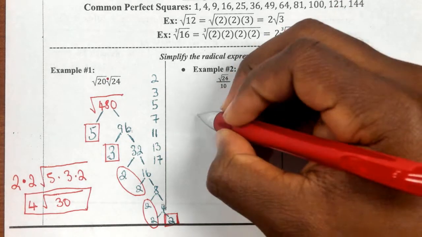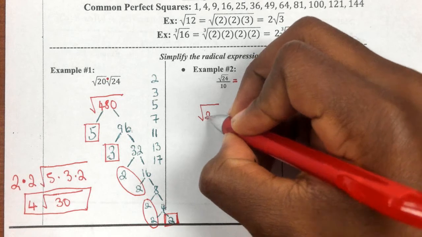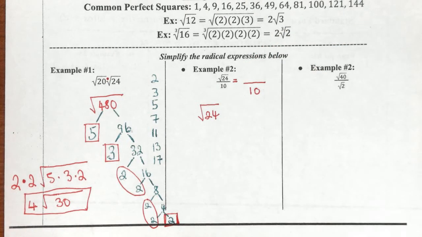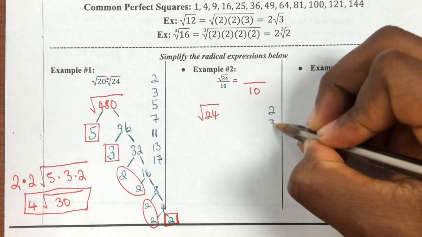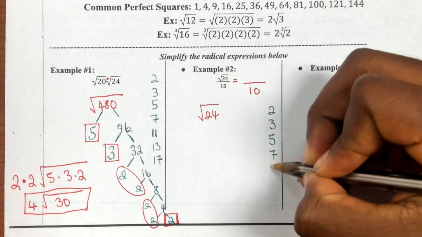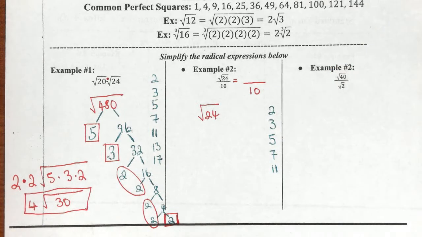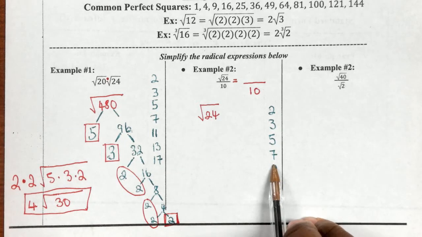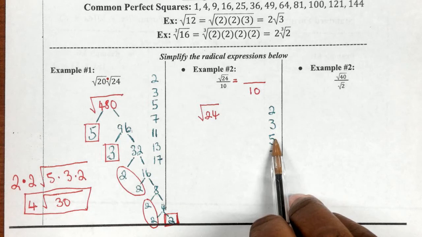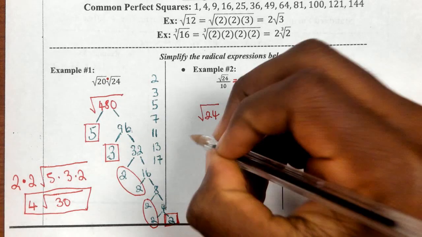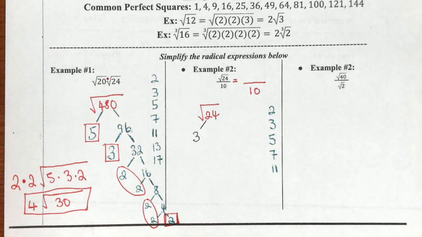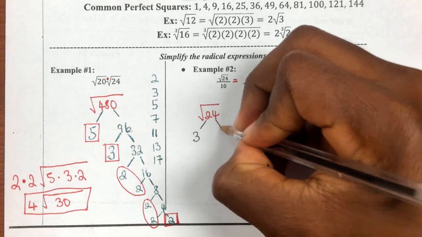Alright? So let's try to prime factorize this 24 using my first 5 prime numbers, which are 2, 3, 5, 7, and 11. Okay? So, can I divide 24 by 11? No. 7? No. 5? No. 3? Yes. So I can divide 24 by 3. 24 divided by 3 gives me 8.